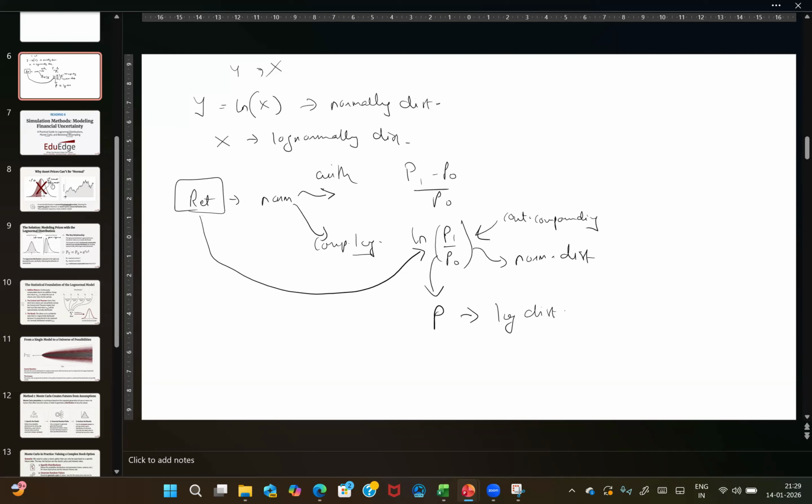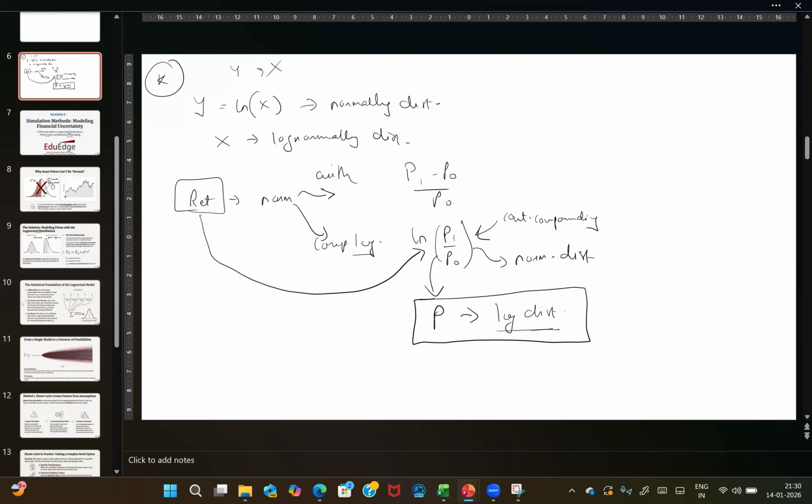Which means that the prices, say stock prices or other asset prices, can be assumed to be modeled along a log normal distribution. So that's a bit of a backdrop with regards to normal and log normal distribution and the fungibility of returns versus prices. This is very, very important, what I've just discussed.